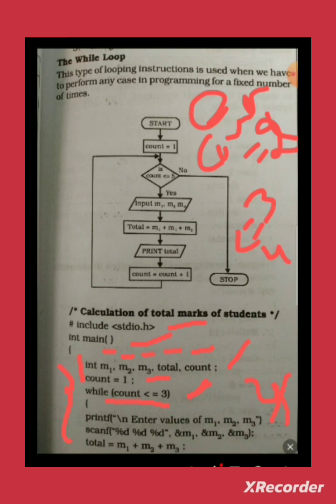And the user will enter the 3 subject marks, and the system reads the 3 marks of a student using scanf with %d for M1, M2, M3. Then the system calculates total equals M1 plus M2 plus M3, by adding all the marks of the 3 subjects.